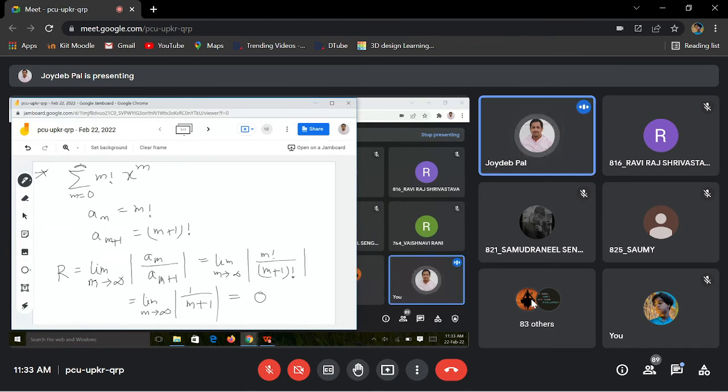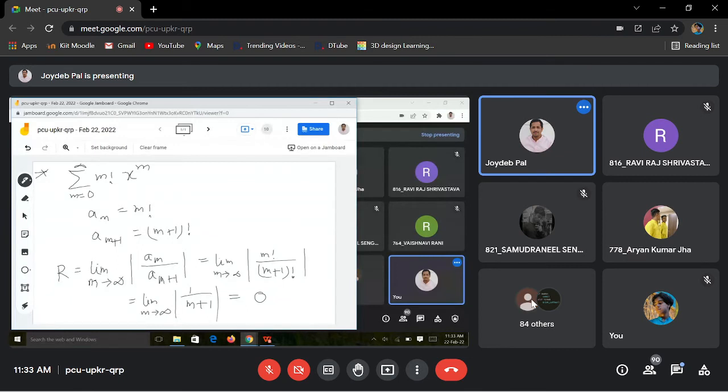Radius of convergence 0. So the radius of convergence may be 0, may be infinite, may be a finite value. There is no bound. Now tell me, what do you conclude about the interval of convergence?